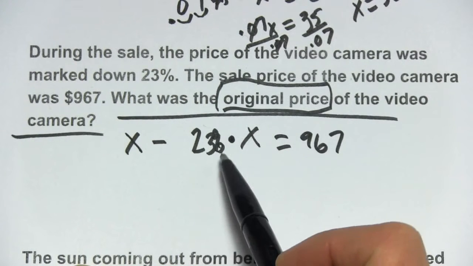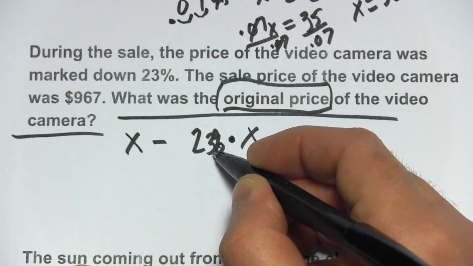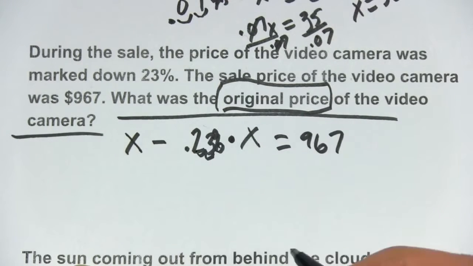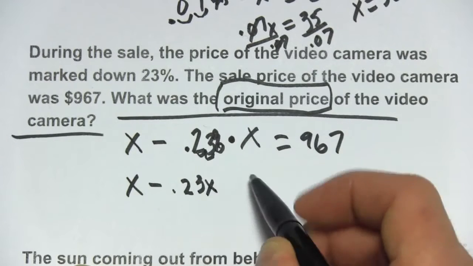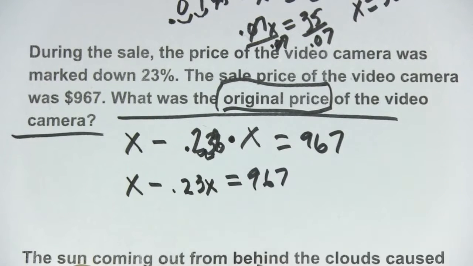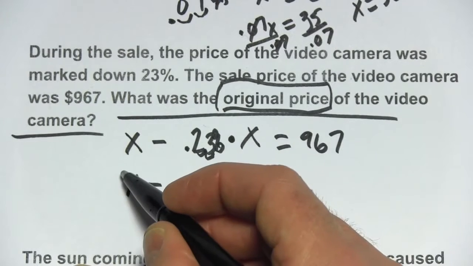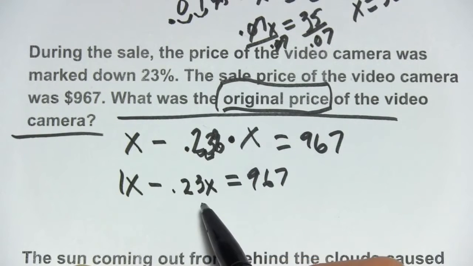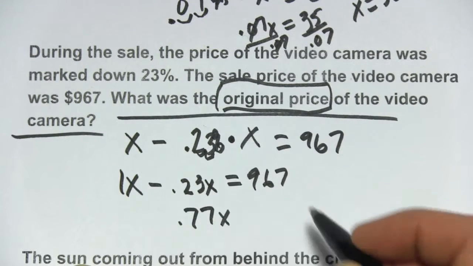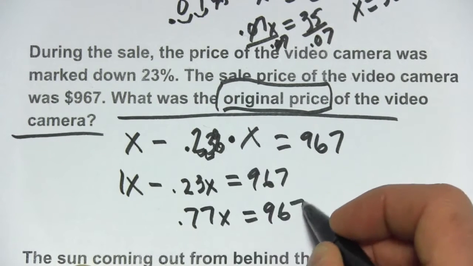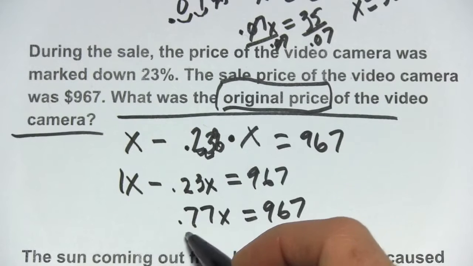So let's convert this percent to a decimal. So we'll move it over 2 places so we get 0.23. So we're going to have x minus 0.23x equals 967. Well, and this is 1x. So 1 minus 0.23 is going to be 0.77x. And finally, we're going to have to divide here.